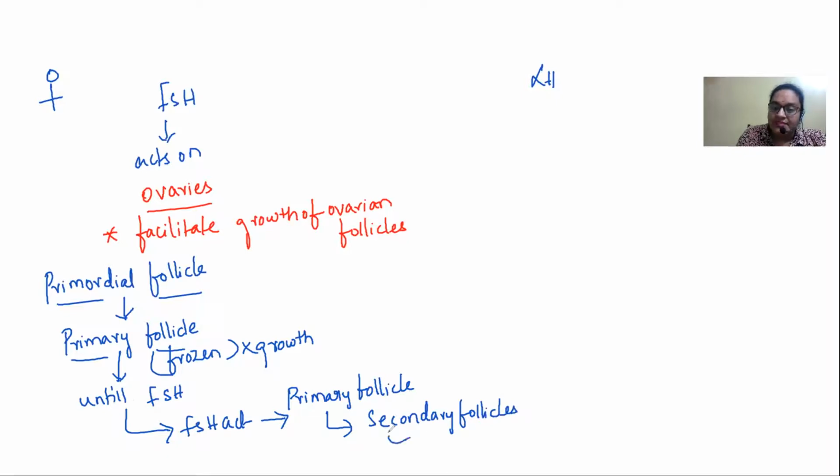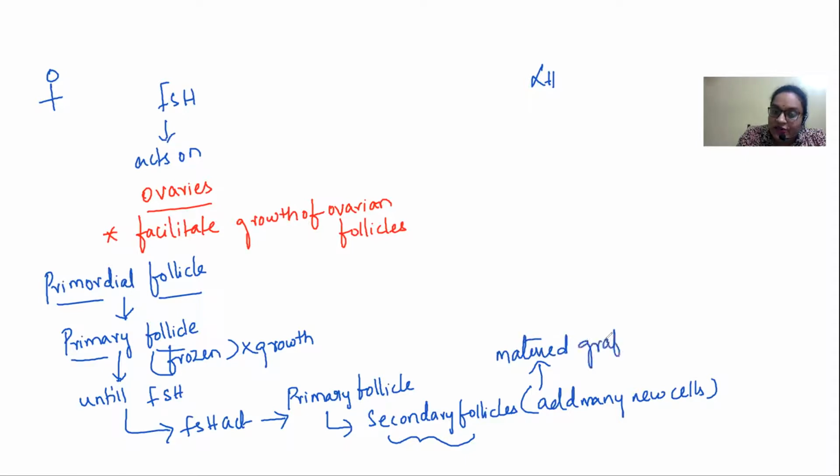These secondary follicles add many new cells around them. The matured follicle cells are called Graafian follicles.